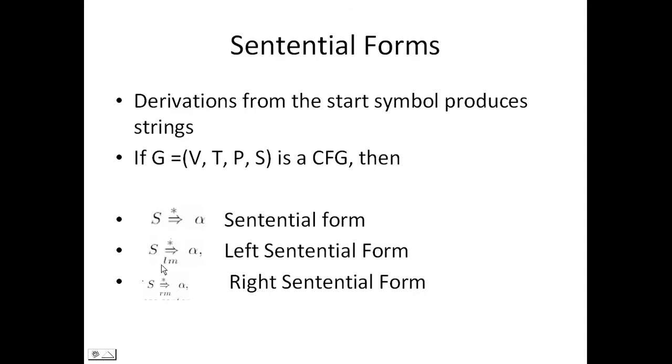And if S arrow star LM, that is the leftmost derivation, after applying multiple leftmost derivations, you get the string alpha, then it is a left sentential form. Also, if from the start symbol on applying multiple rightmost derivations you get the string alpha, then it is the right sentential form. So this is the end of the session.